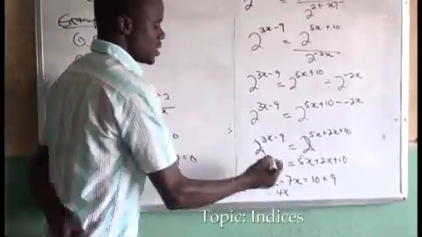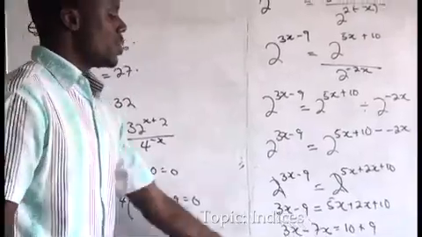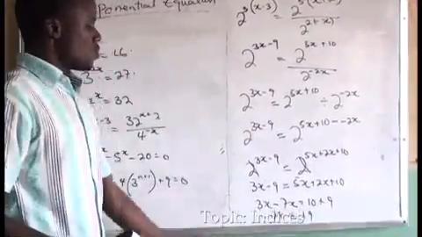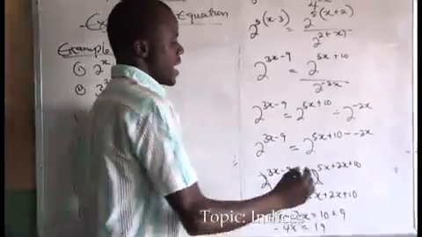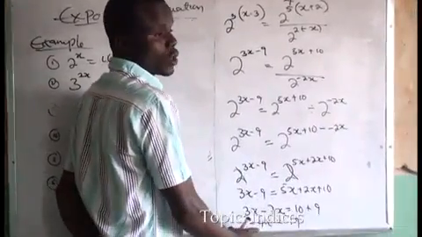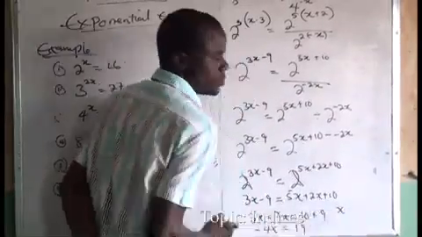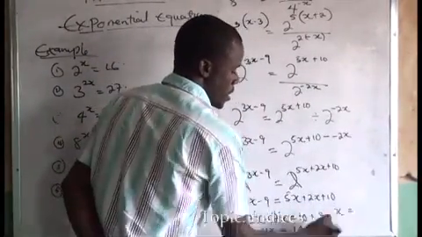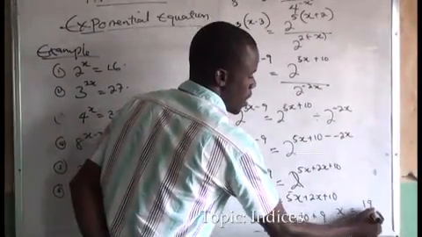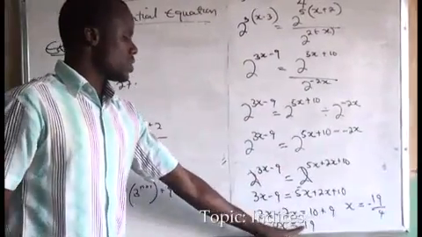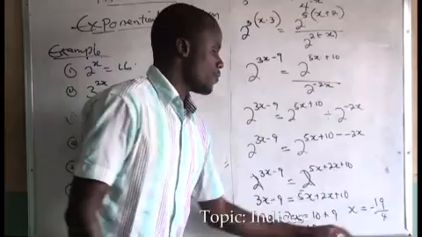Minus 4x equals 10 plus 9, we have 19. So when we divide both sides by the coefficient of x, which is minus 4, our x alone is going to be 19 all over minus 4, that is minus 19 all over 4, and that is the answer.